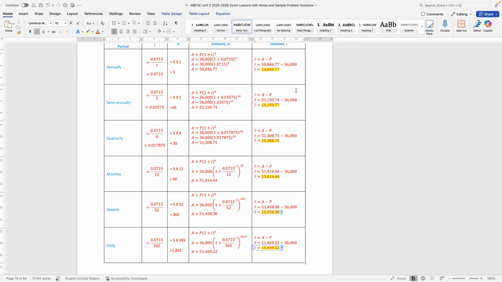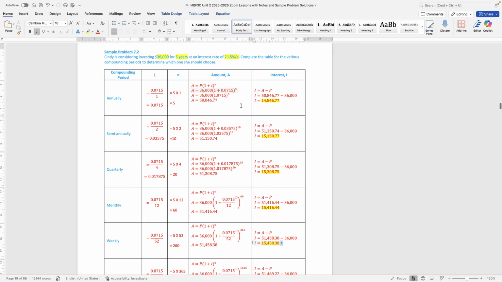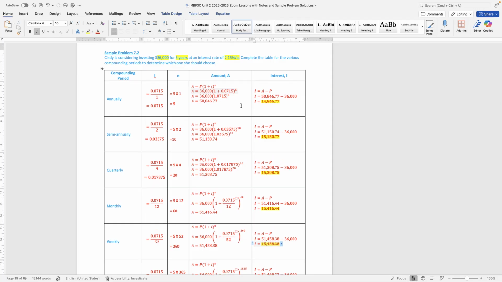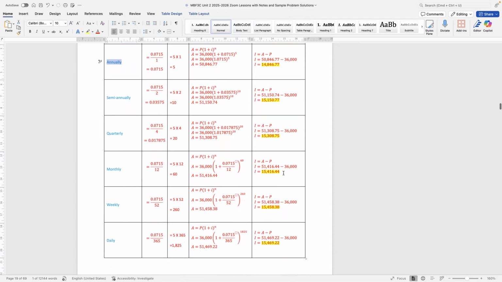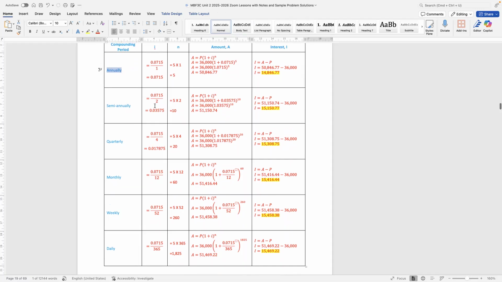So what you can see here, if everything else remains the same, so we get the same interest rate per year and the same amount, and I simply change the compounding period. What I'm doing is I'm just changing the number of times it's compounded per year. The more times that it's compounded per year, the larger the interest I'm going to earn.